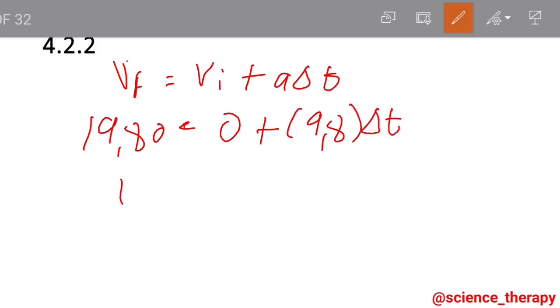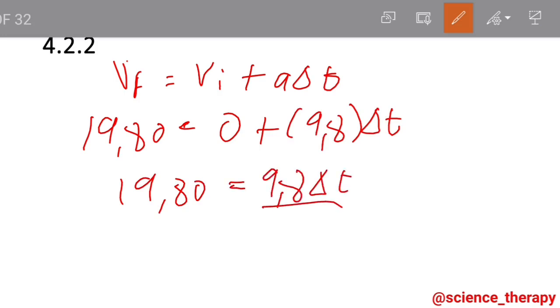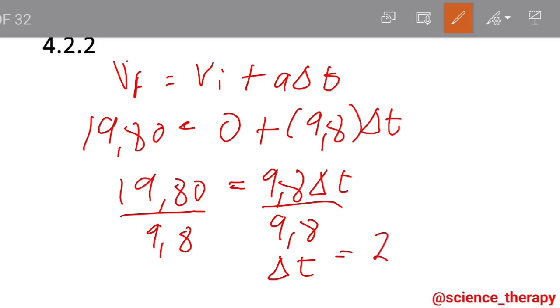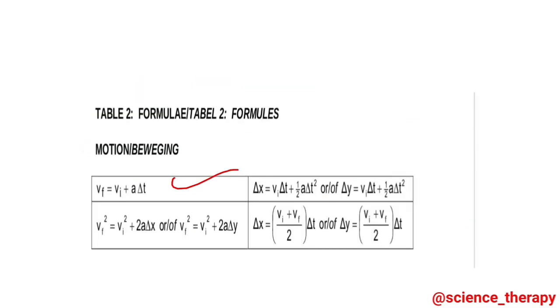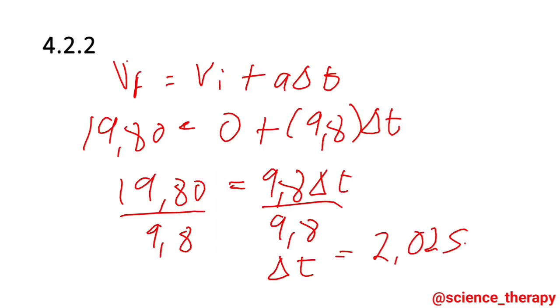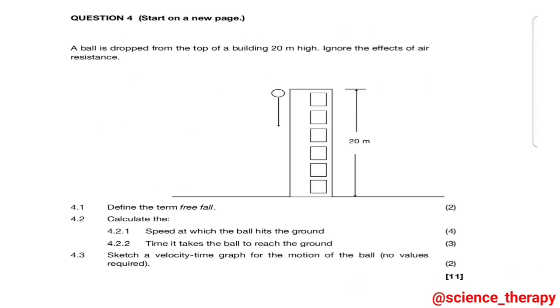So we are left with 19.80 is equals to 9.8 change in t, and then we can divide both sides by 9.8. Our delta t now is 19.80 divided by 9.8. That gives us 2.02 seconds. So that is the time it takes to hit the ground. Awesome. So for 3 marks, you have it in the bag.